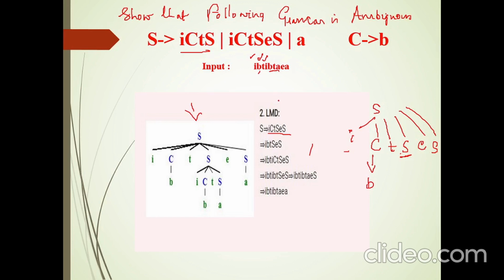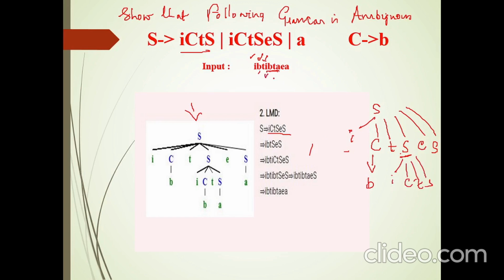How do I get that? I can get that by applying the S production. After getting I, B, T, A, I need to obtain the rest. That's why the right one is this ICTS. So I got I now.